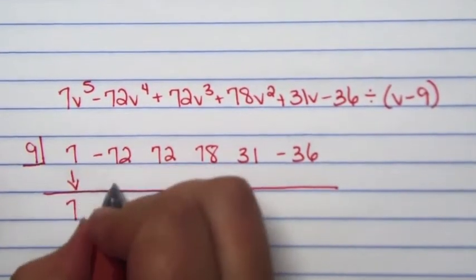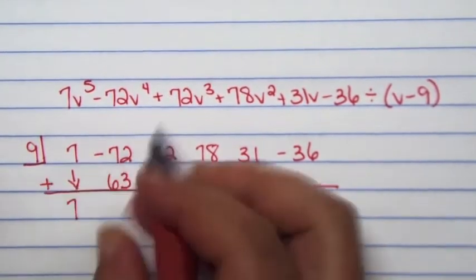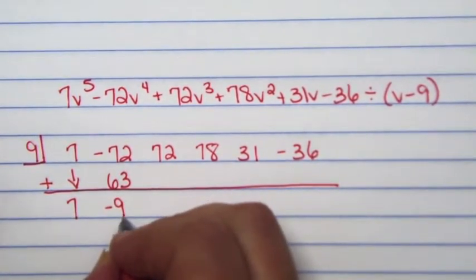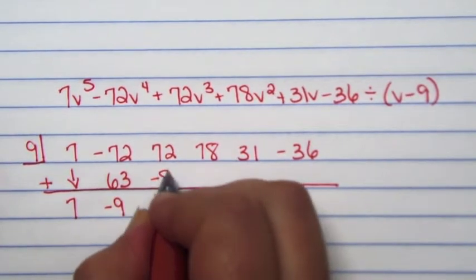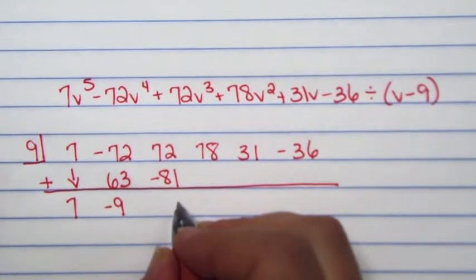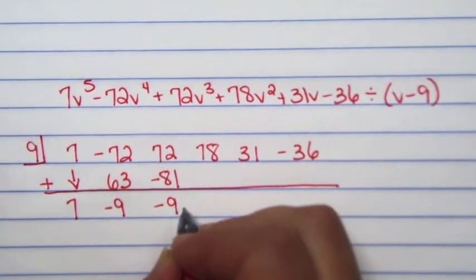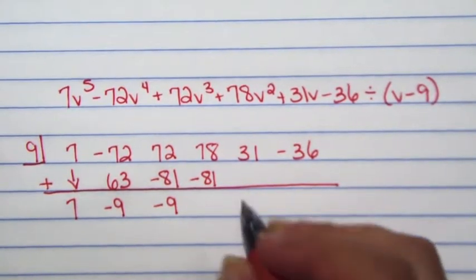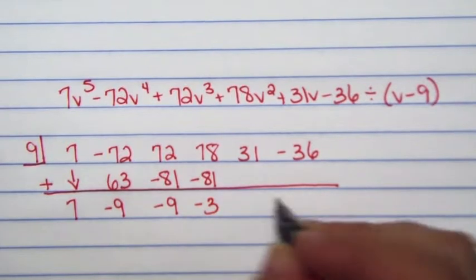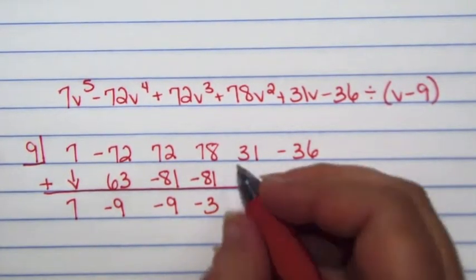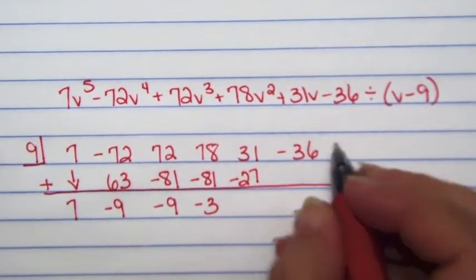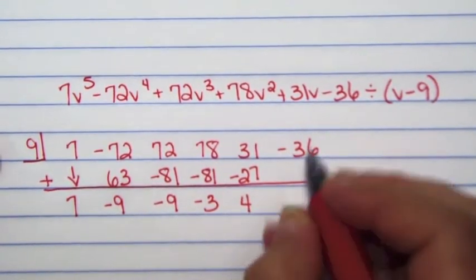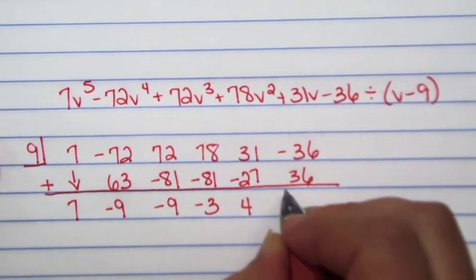7 times 9 is 63. Now we're going to add. -72 plus 63 is -9. -9 times +9 is -81. 72 minus 81 is -9. -9 times +9 is -81. 78 minus 81 is -3. -3 times 9 is -27. 31 minus 27 is 4. 4 times 9 is 36. 36 minus 36 is 0.